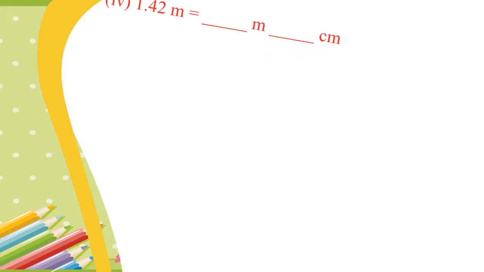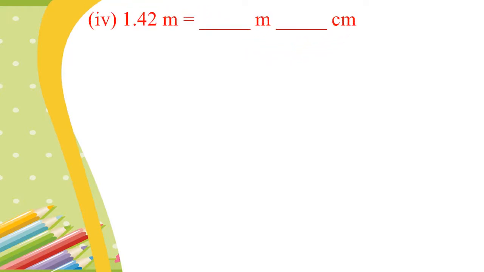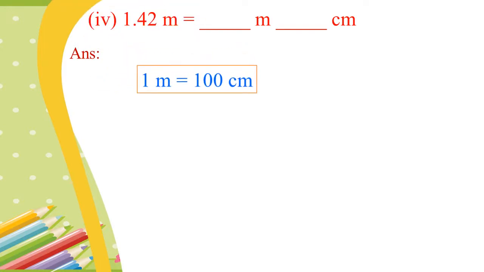Next, the fourth problem. 1.42 meter equal to dash meter and dash centimeter. So here we are converting a bigger unit to smaller unit. So we multiply with 100 because we know 1 meter equal to 100 centimeter. So 1.42 meter equal to 1.42 into 100.